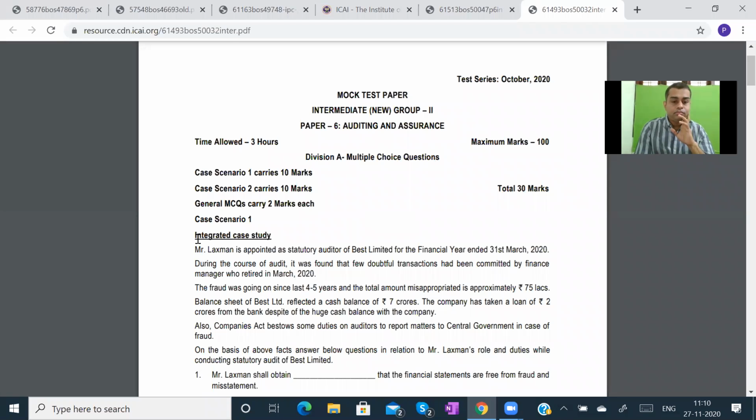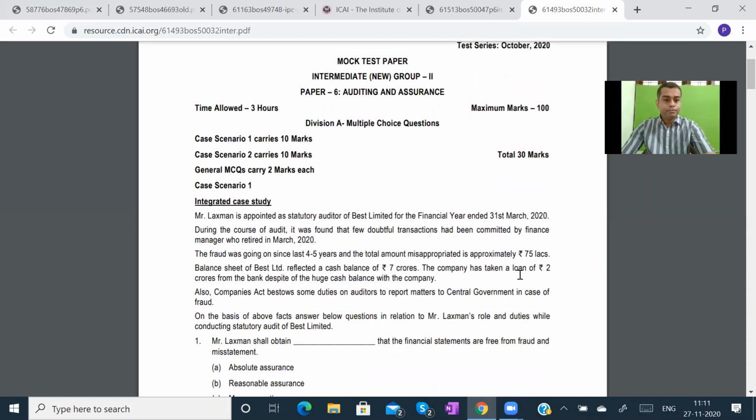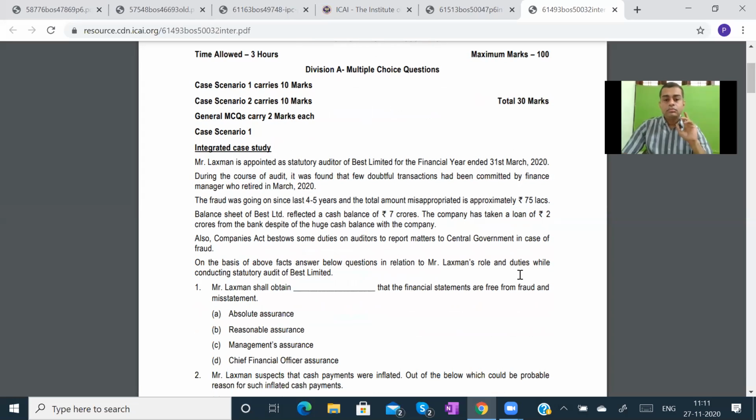Mr. Lakshman is appointed as a statutory auditor of BEST Limited for the financial year ended 31st March 2020. During the course of audit, it was found that a few doubtful transactions have been committed by the finance manager who retired in March 2020. Fraud was going on for the last 4 to 5 years, and the total amount misappropriated is approximately rupees 75 lakhs.